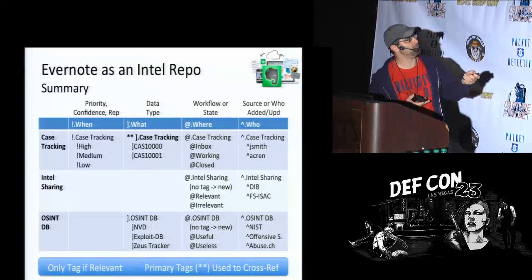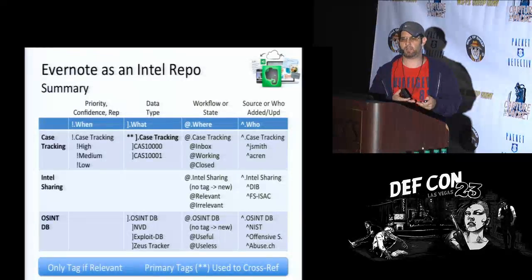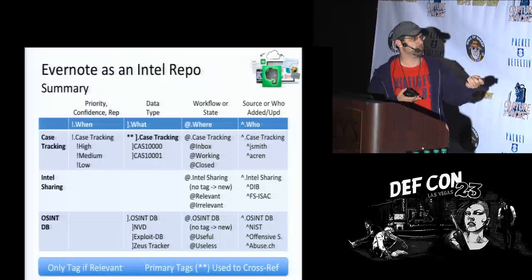And then "where" I'm using as sort of a workflow or state. So for case tracking, I already talked about inbox, working, closed, right? For intel sharing, no tag basically means new, but maybe somebody looks at it and determines that it's junk or it's just not relevant. So you could tag it with either relevant or irrelevant. And then the same thing with the OSINT database as well, if it's useful or useless.